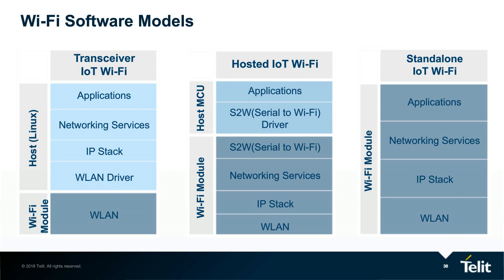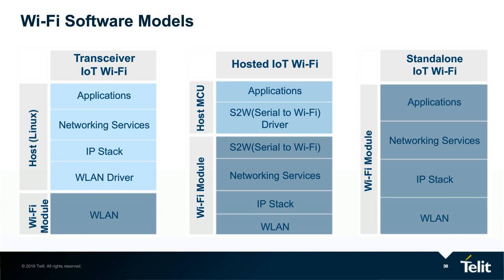The prominent software interface between the host MCU and the Wi-Fi module is over AT commands, the simple AT commands. In this case, the network services, the IP stack, the wireless LAN services, everything runs in the Wi-Fi module. So the host MCU is relieved of all the wireless LAN capabilities, and it just talks to the module over the simple AT interface.